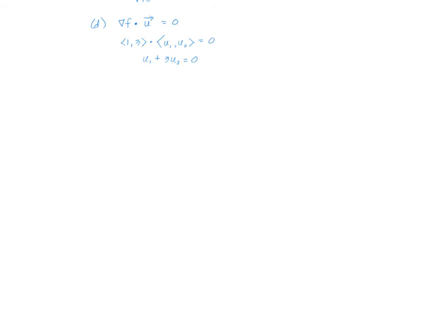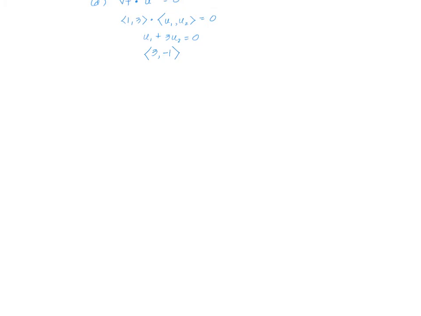So at this point, I just have to think about this critically. All I have to do is find one vector that is orthogonal to my gradient vector 1, 3. And if I look at this equation, if u sub 1 is 3 and u sub 2 is, say, -1, now this is not unique, then if I dot it with my gradient vector, I get 0.